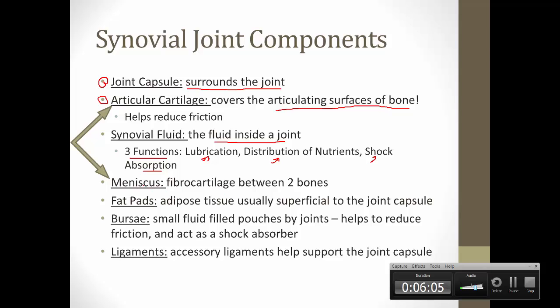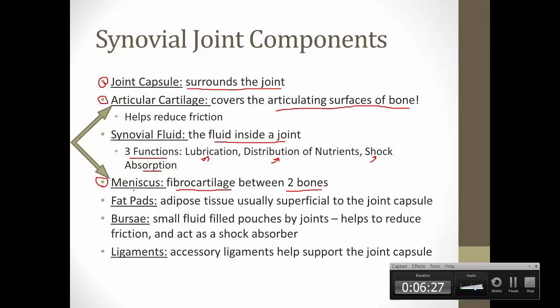Then we have the meniscus, or menisci for plural, and these ones are made by fibrocartilage. These ones are also located between the bones, on top of the articular cartilages. The menisci are not present in most joints.